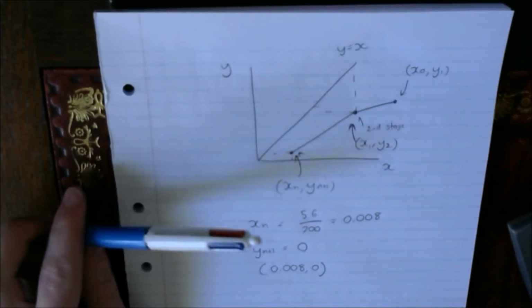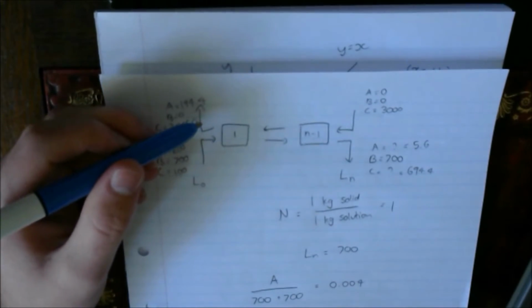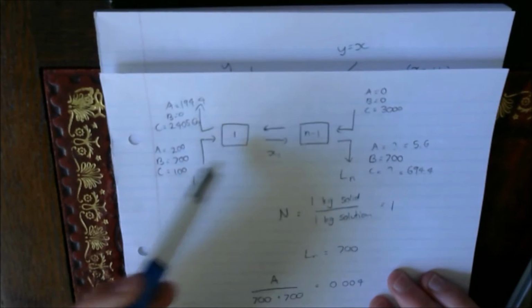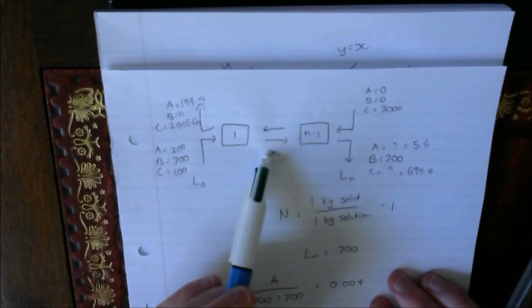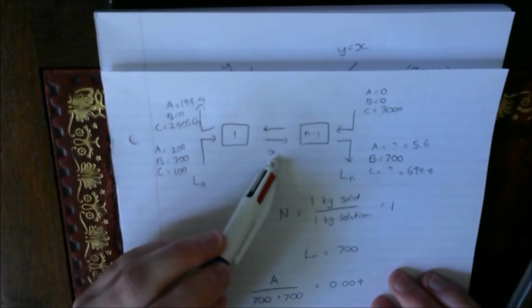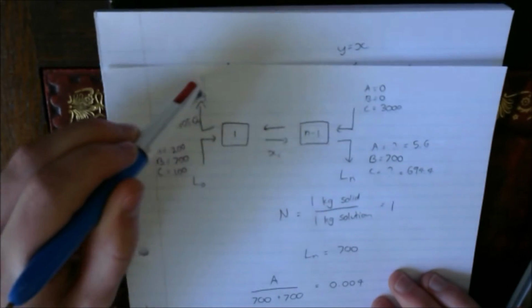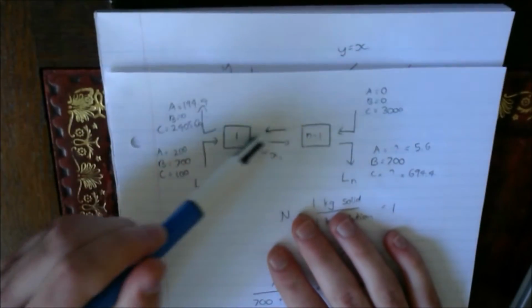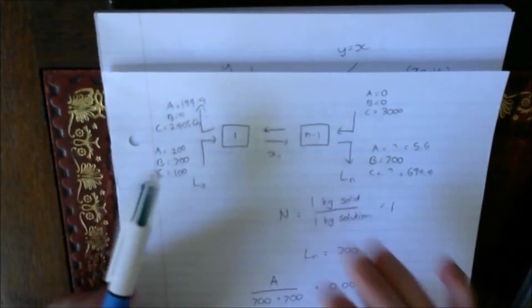So x1 is going to be the composition of this stream down here, the underflow stream exiting the first stage, and we know that by definition it's going to be in equilibrium with this stream up here, so we can say that y1 is equal to x1. This stream here is in equilibrium with this stream here, or those two solutions are in equilibrium.